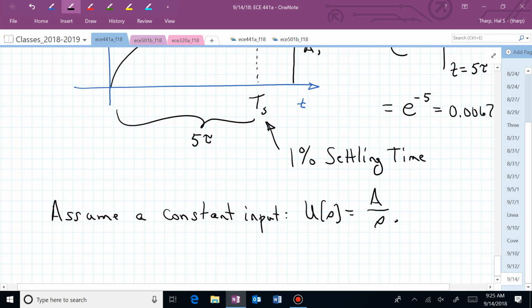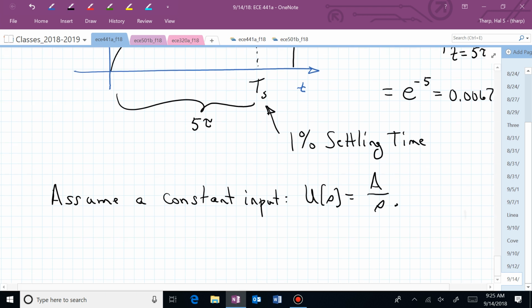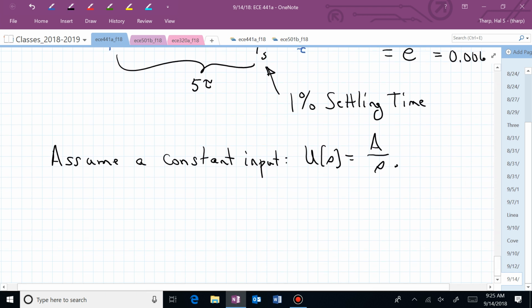It's not necessarily 1 over S. We don't have to restrict our analysis to just applying a unit step. But once we have the Laplace transform of our input, now we can find an expression for the Laplace transform of our output.